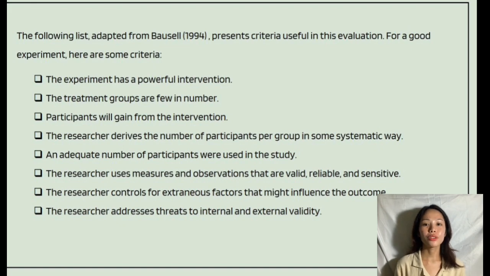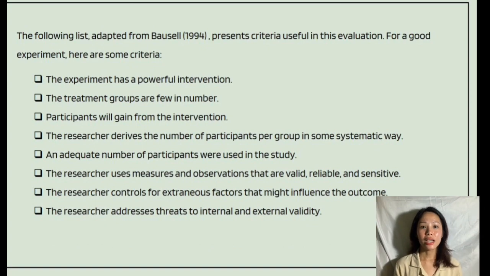Reliability refers to the consistency and stability of the measures over time and across different conditions, indicating the extent to which the results are dependable and reproducible. Sensitivity refers to the ability of the measures to detect meaningful changes or differences in the variables being studied, ensuring that the experiment can effectively capture the effects of the intervention or treatment.